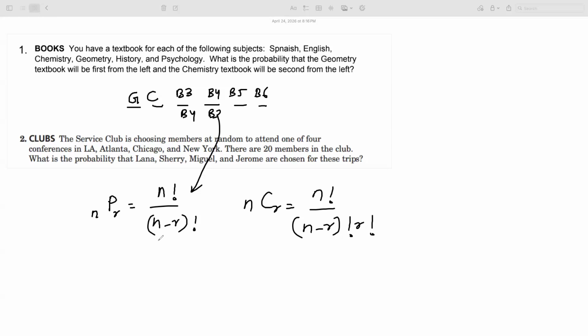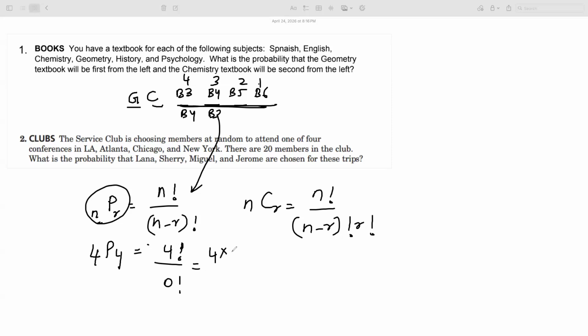We did 4 times 3 times 2 times 1 for the favorable ways. Permutation says we have 4 remaining books and 4 places. So 4 permute 4, meaning I have 4 books to be placed in 4 places. So 4 factorial by 4 minus 4 factorial, which is 0 factorial. This is 4 times 3 times 2 times 1 divided by 1.